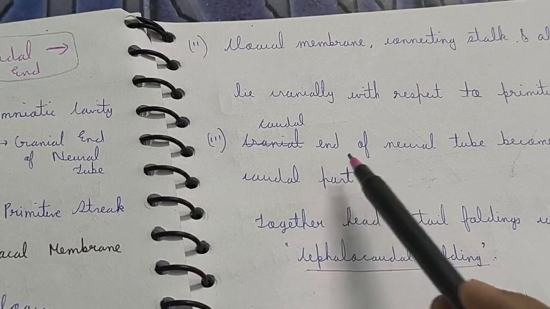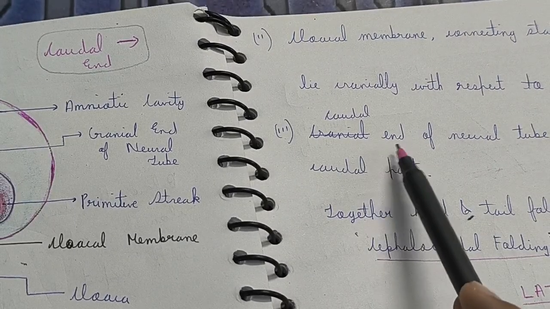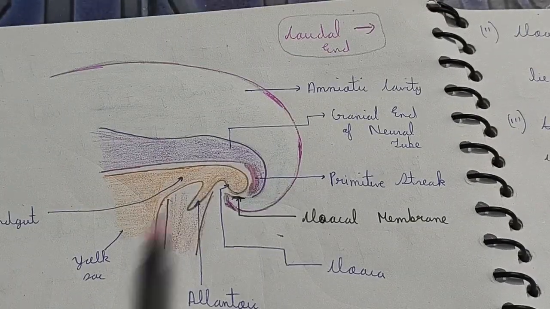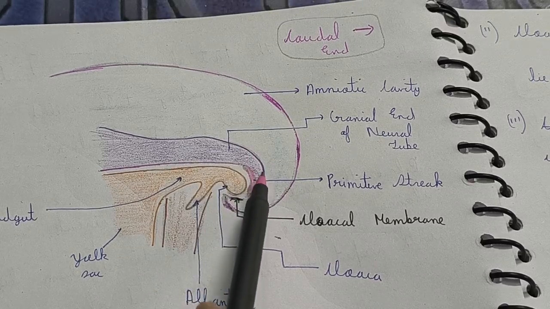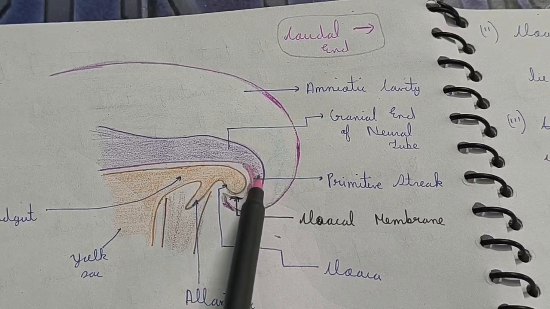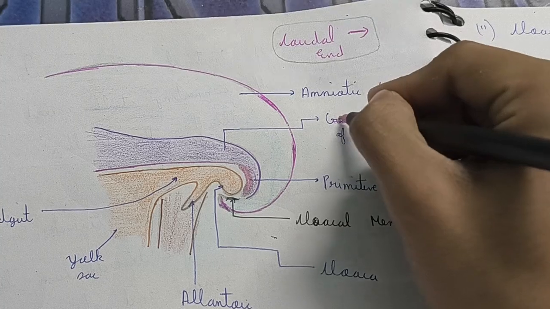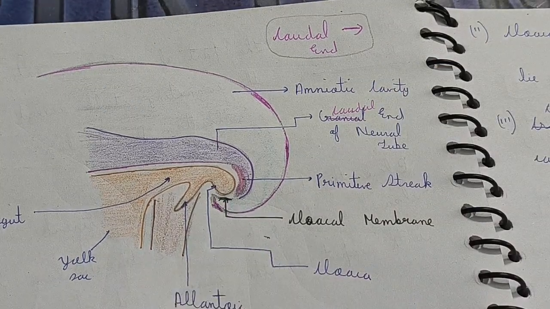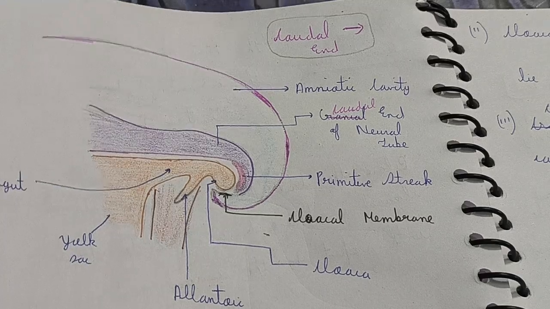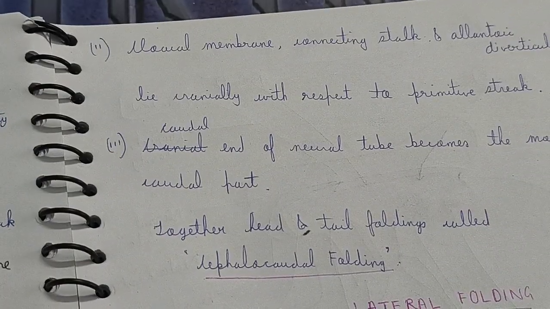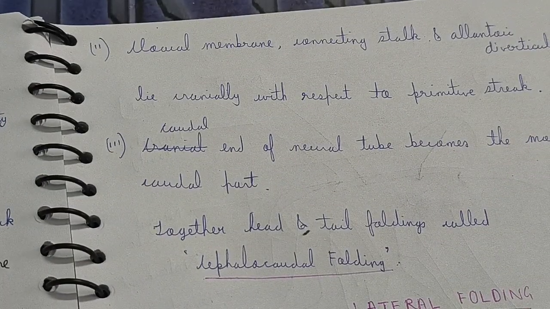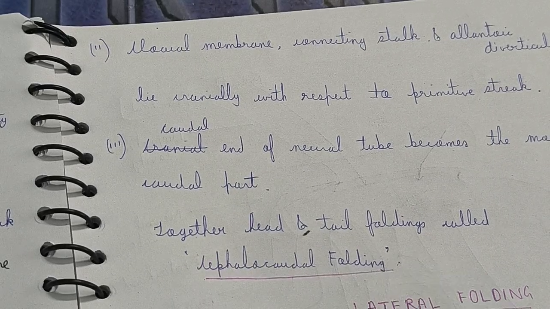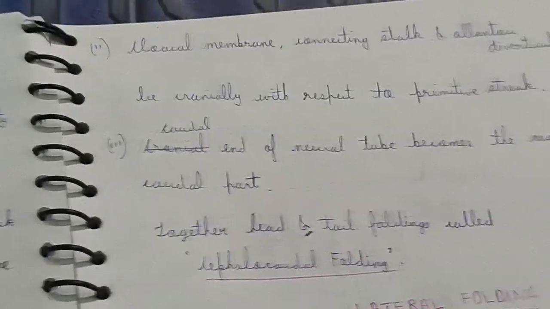Finally, the caudal end of the neural tube becomes the most caudal part. This is the neural tube, and this is the caudal part. This is the completion of the tail fold, and you should know that head and tail foldings together are known as cephalocaudal folding.